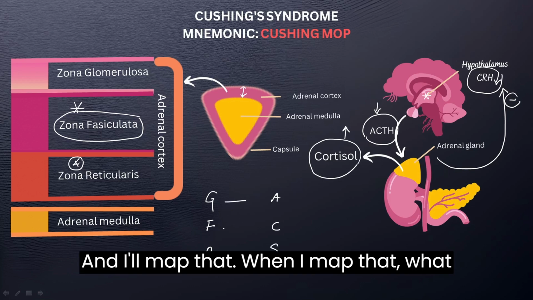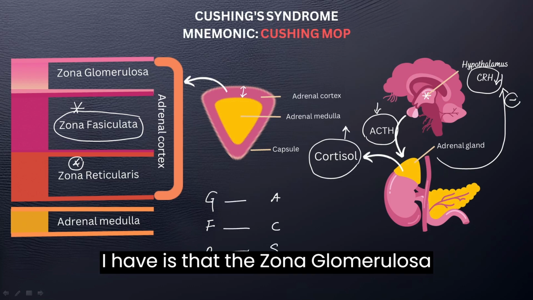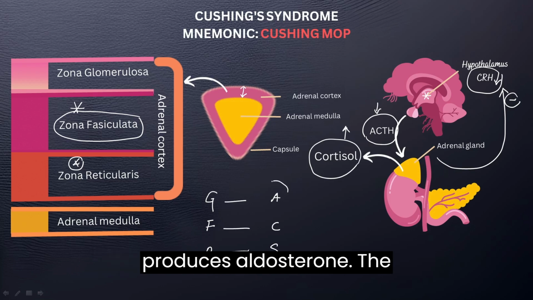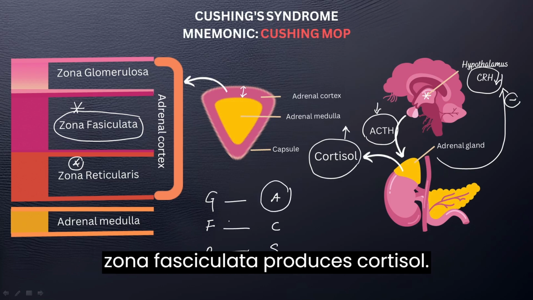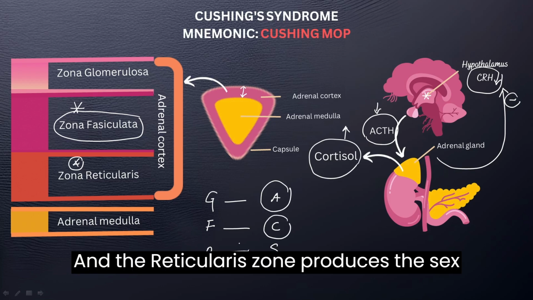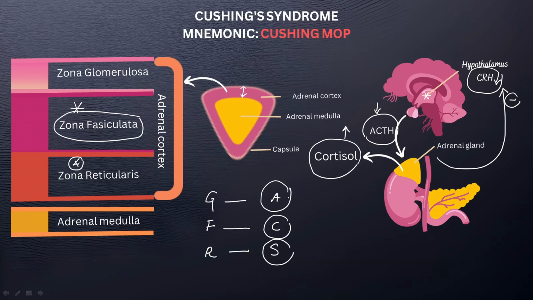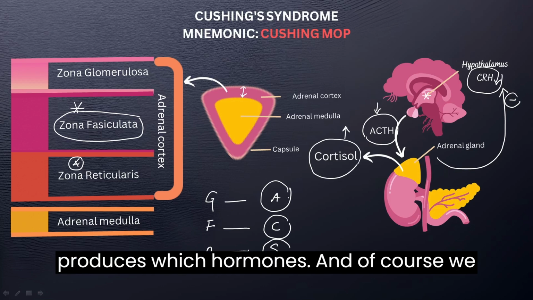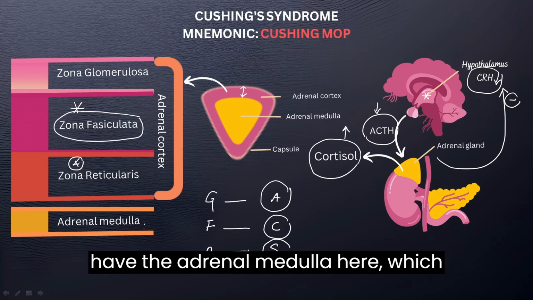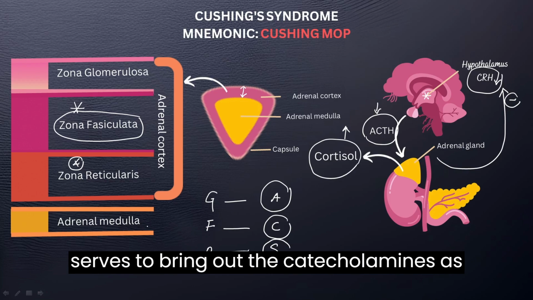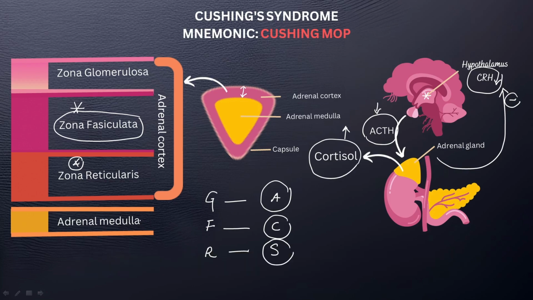When I map that, what I have is that the zona glomerulosa produces aldosterone, the zona fasciculata produces cortisol, and the reticularis zone produces the sex hormones. I think it's an easy way to memorize which zones produce which hormones. And of course, we have the adrenal medulla here, which serves to bring out the catecholamines as well.